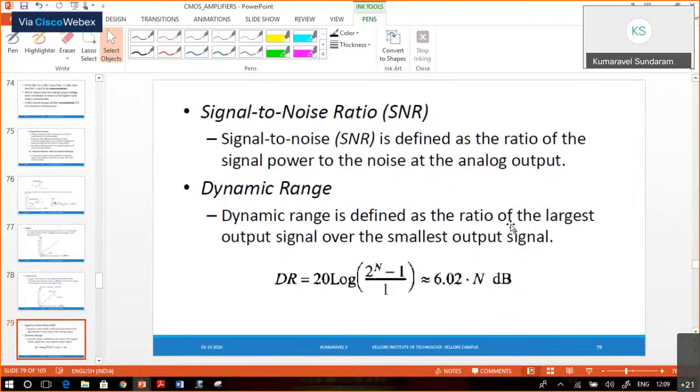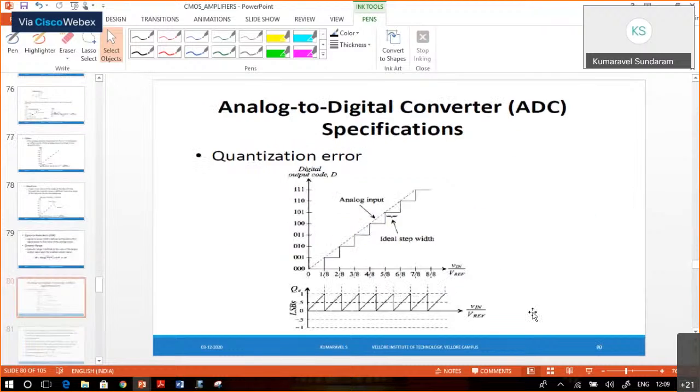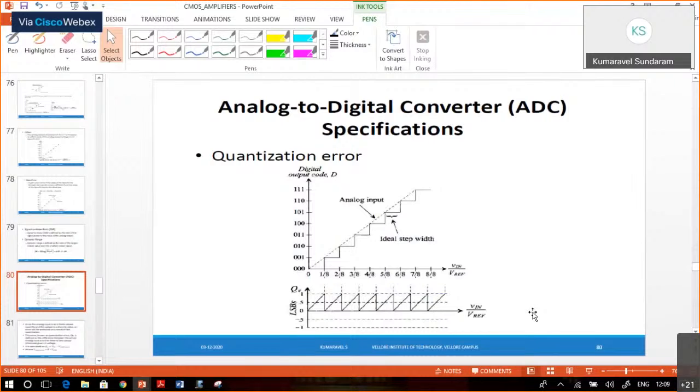The largest output signal is 2 power N minus 1, and the smallest is 1, so we can calculate the dynamic range. Similar to that, for ADC we also have performance metrics, but here, unlike DAC, we have quantization error.